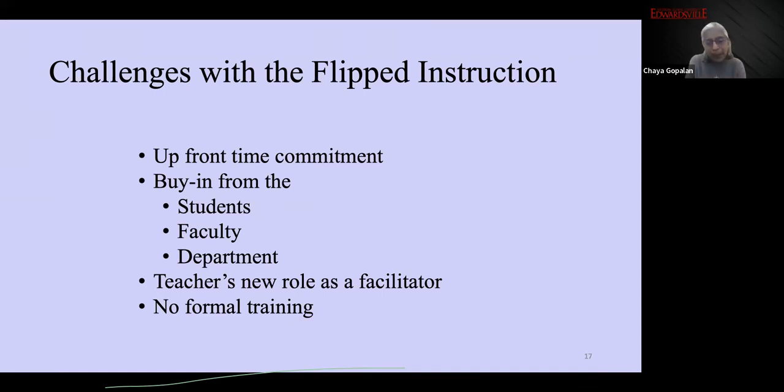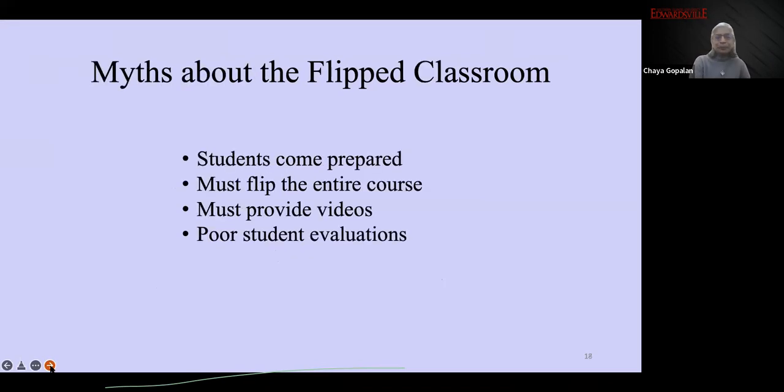There are workshops organized by your universities, which may be essential for you to attend and participate, and then become familiar, take good notes, and then start doing it slowly, and then eventually expand fully. Okay, so those are some challenges that you have to deal with in this type of teaching.